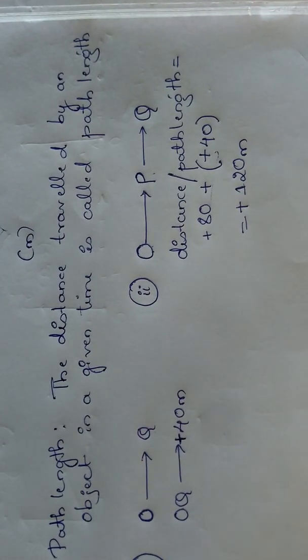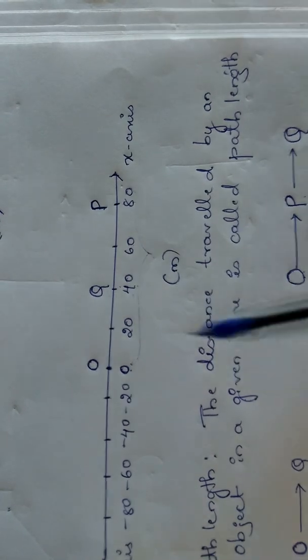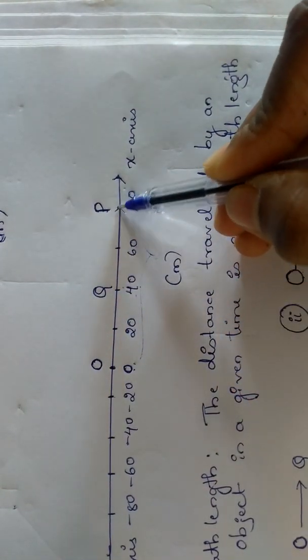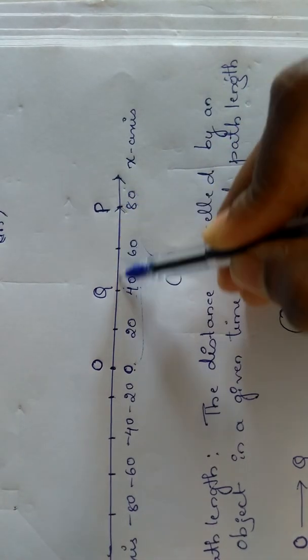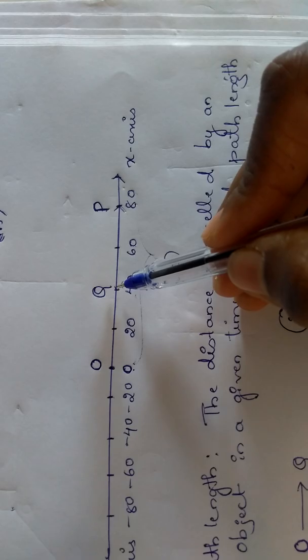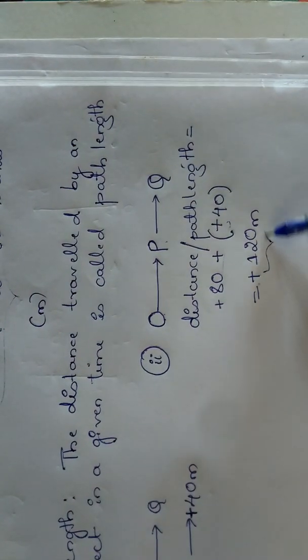So now you can see the object has moved from point O to P, then it came back to Q. But here we are not considering the direction in which it is moving. We are only considering the magnitude.